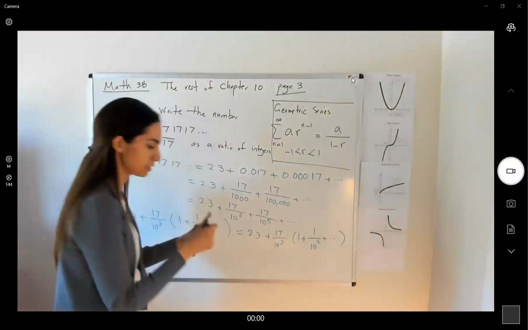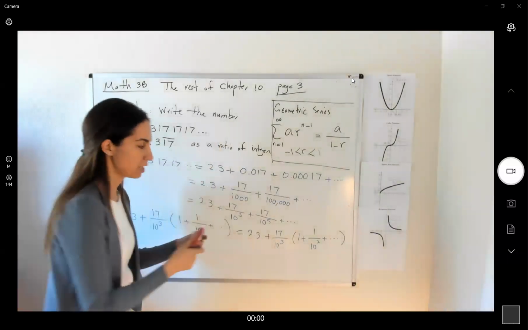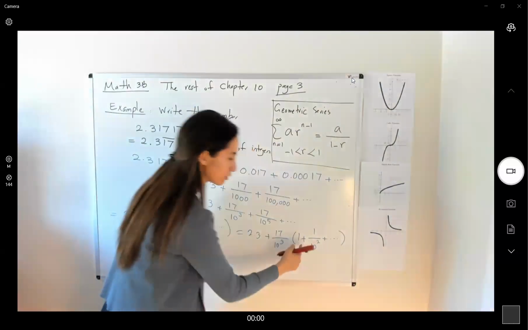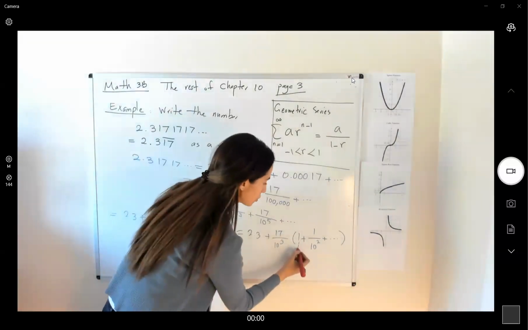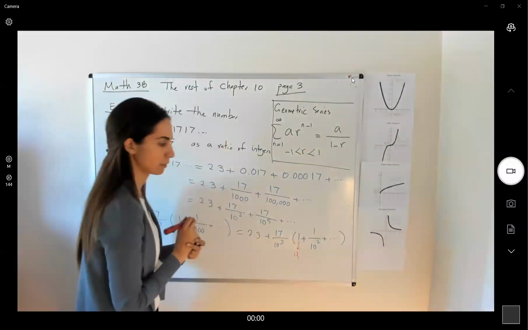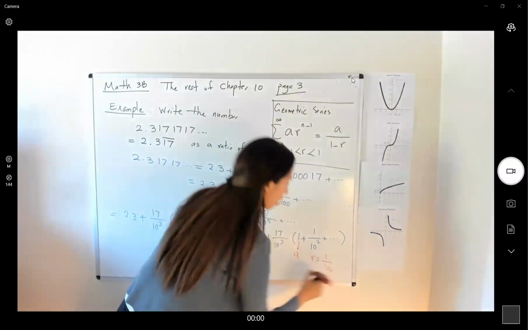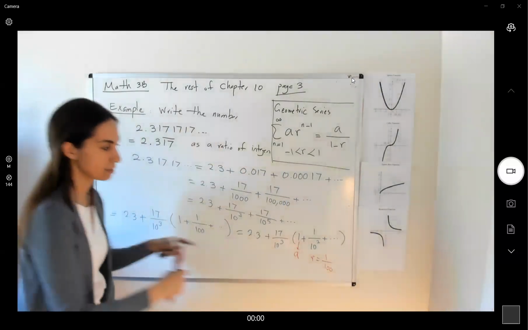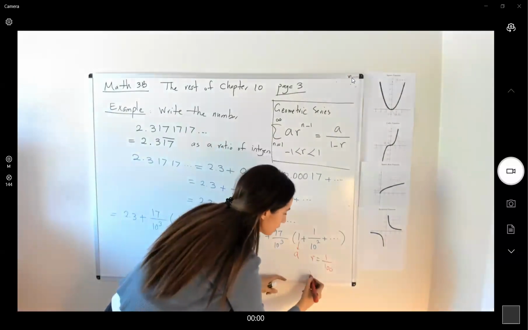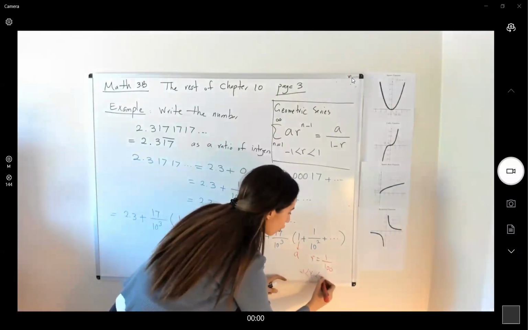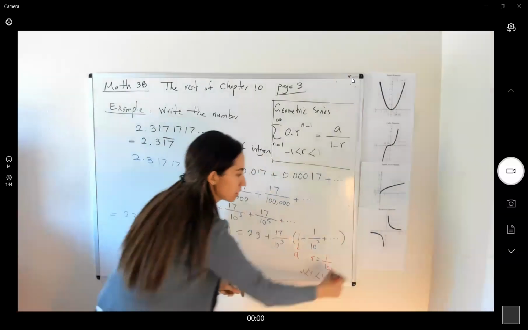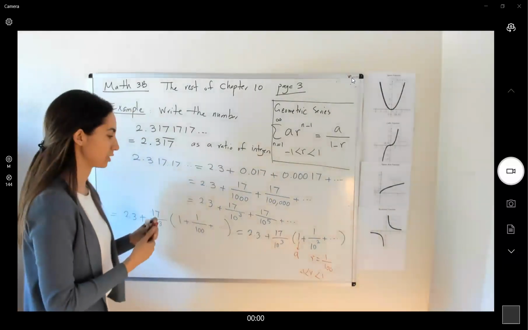If you look at this expression on the right-hand side, the very first term of the series is equal to A, which is 1, and your ratio is 1 over 100. Since R is between -1 and 1, you have a convergent geometric series.